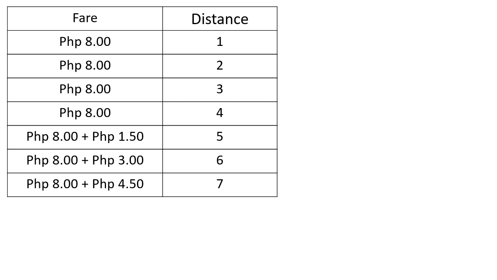So I think na-discuss ko na yung ganitong function last time and we call this function floor function. Sabi ko last time, yung floor ng 3.3 is the greatest integer na mas mababa sa 3.3 which is 3.